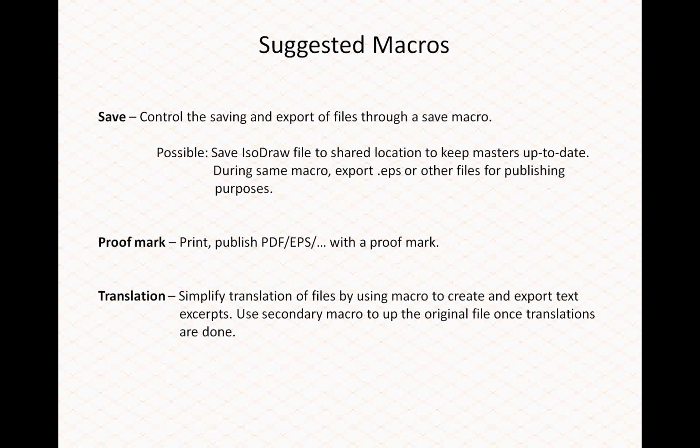It creates a temporary French, temporary Spanish, and a text excerpt file that they can run through our translation tool. Then when they're ready to bring it back in, they hit another macro that brings all of the languages in and updates all of the layers, and at most they have to go through each layer and make sure the text isn't overlapping any part.